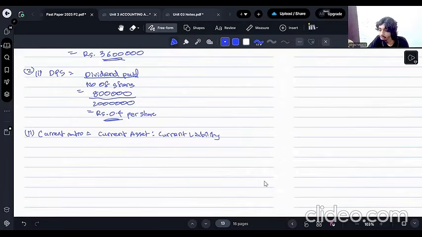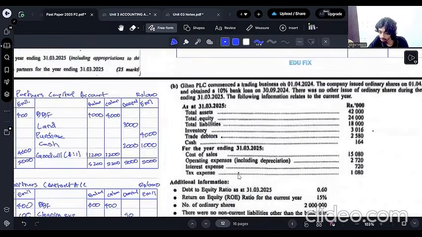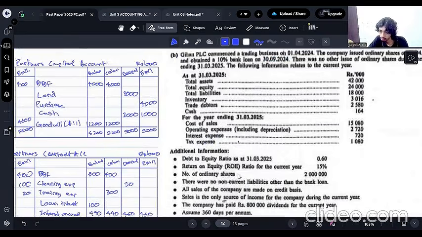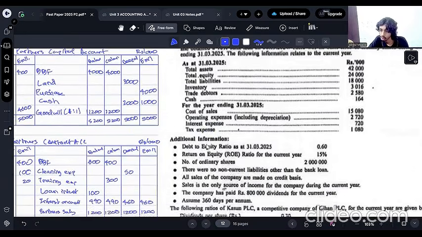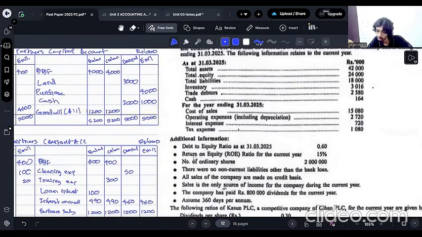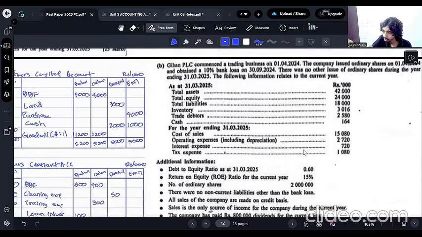Now here, current asset, they have not given directly. Okay. Here see, you can find the current liability now. Debt to equity ratio is 0.6.